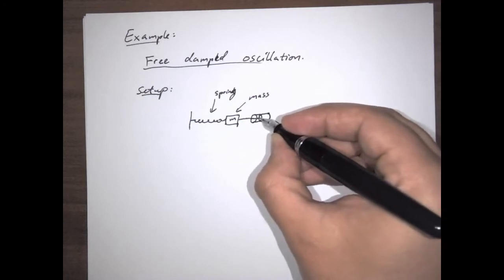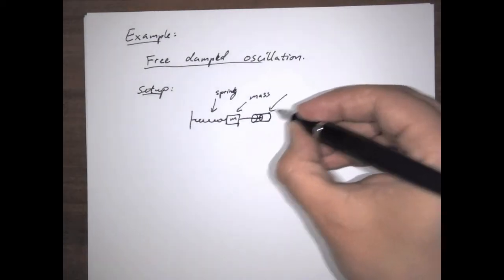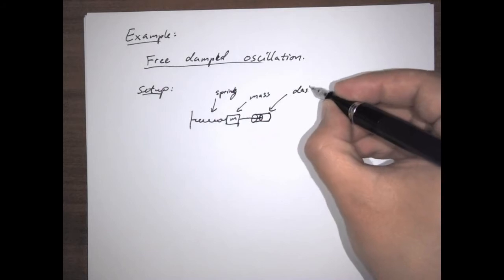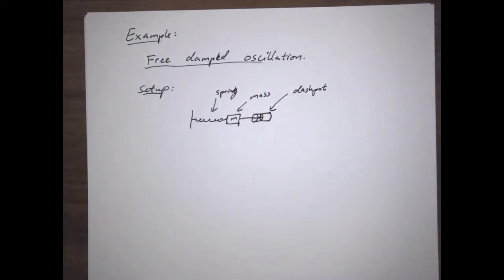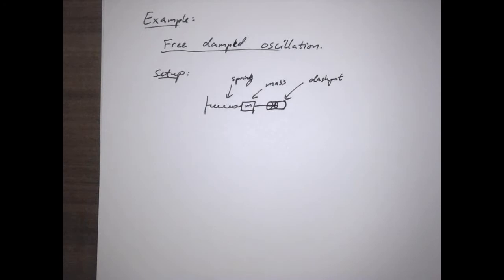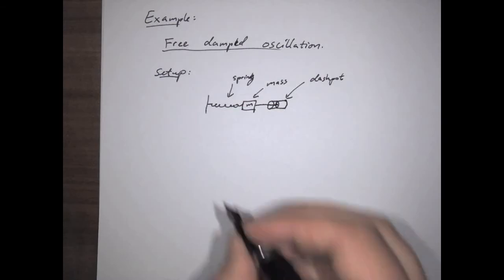So it could be, for example, just friction. This is what's called a dashpot. But it's more general than the little muffler-looking shape that we've got here. It actually just represents in general some other force that is dampening the oscillations of this mass.